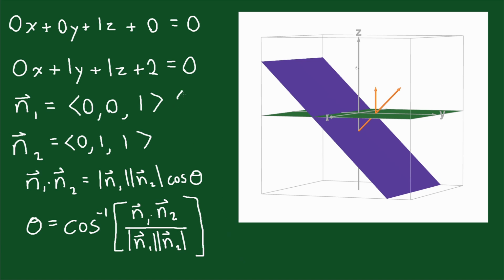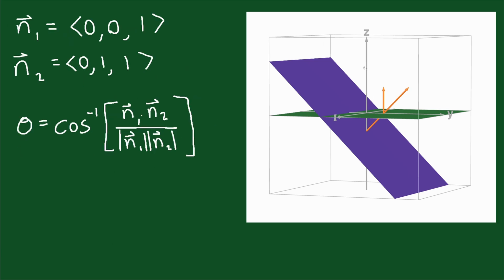So I will use these two vectors. I will plug the information into this equation, and by doing so, I will determine the angle theta, the angle between the vectors, which is the same as this angle between the planes. So let's clean this up a little bit. Okay, I've got my two vectors, I've got my equation, let's plug everything in. Theta is equal to cosine inverse.